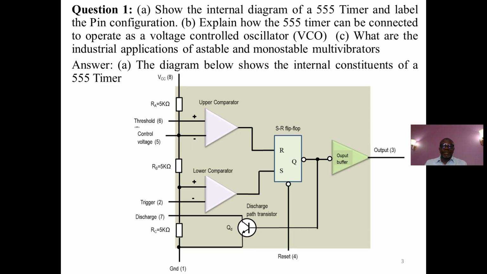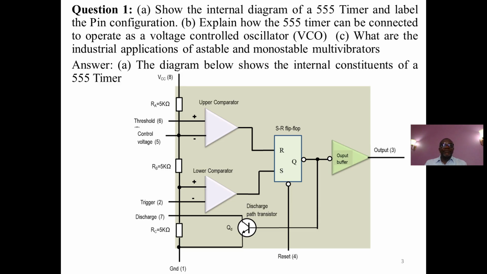Of course, we know the work of the comparator. A comparator works to give an output if there is a difference between the signal input to the inverting and the non-inverting input of the comparator.